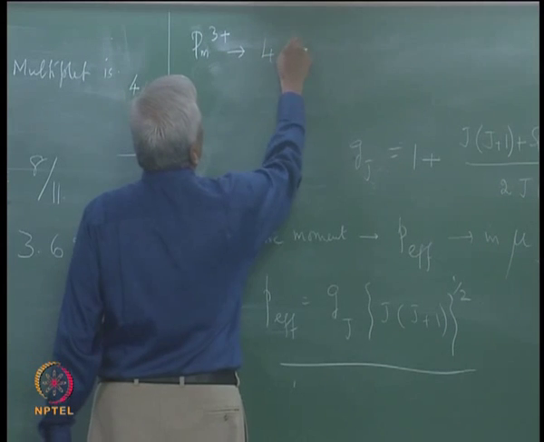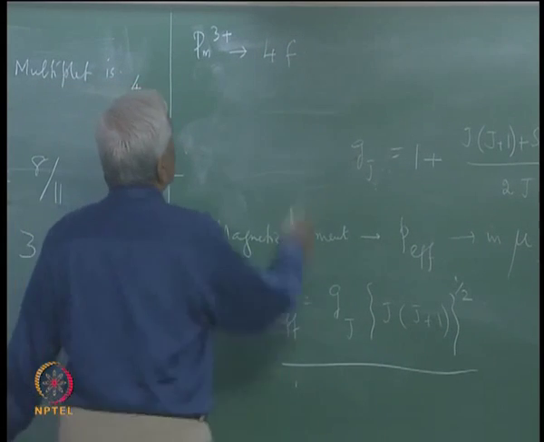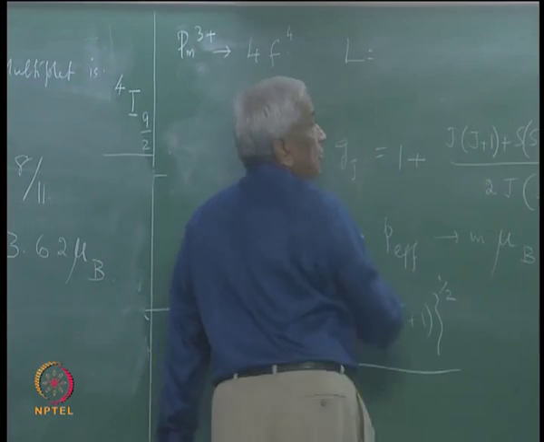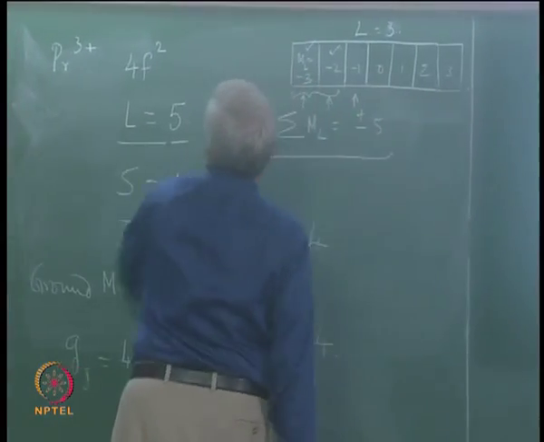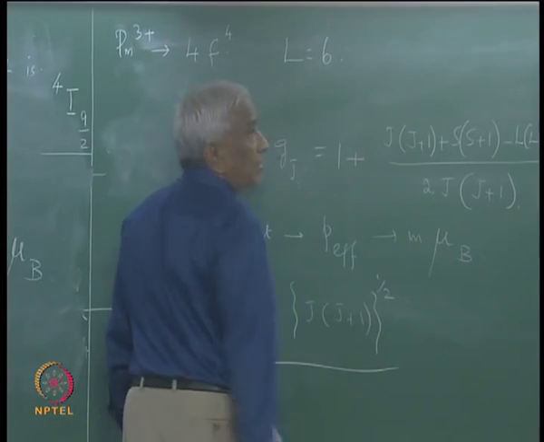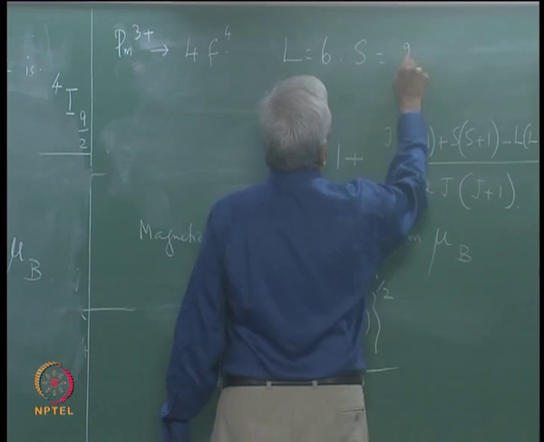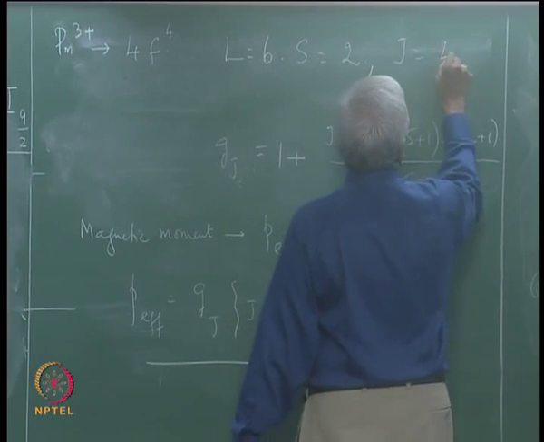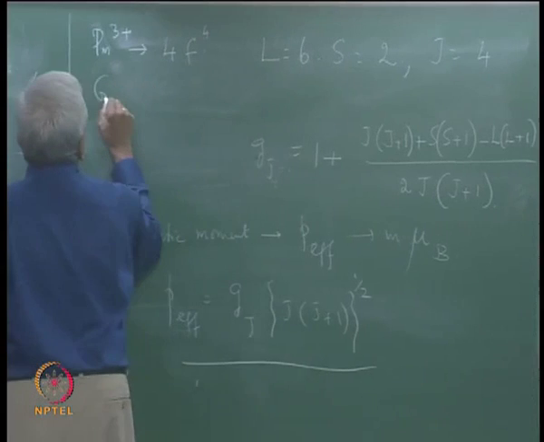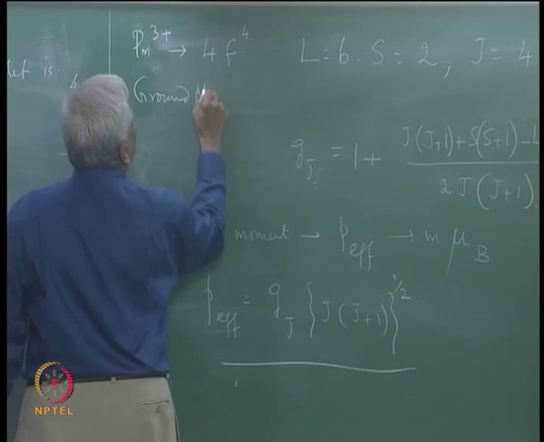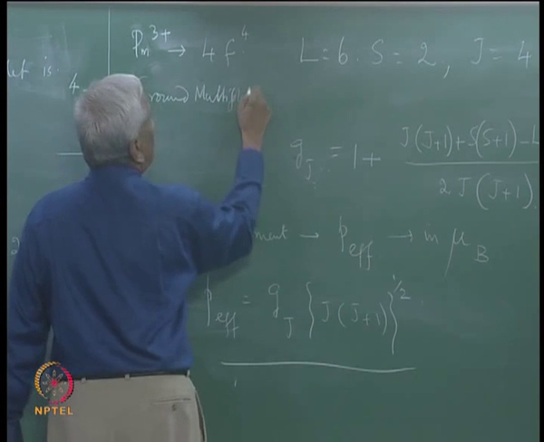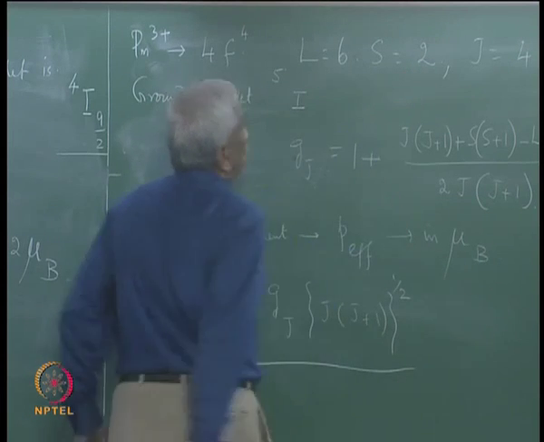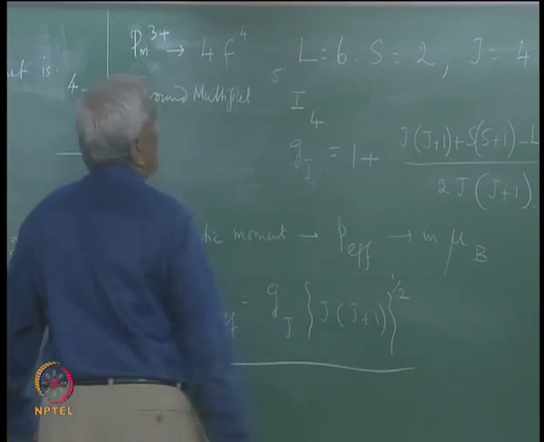Still it is one with 4 electrons in the 4f shell. So, the corresponding L value, since this would be 4 electrons, this would add 0 to this. So, the L remains 6, and the S of course becomes 2, since there are 4 electrons with parallel spins, and therefore, the J is 4. So, the ground multiplet is again an I term, but with spin multiplicity 5, 2s plus 1 for S equal to 2, and the J value is 4.